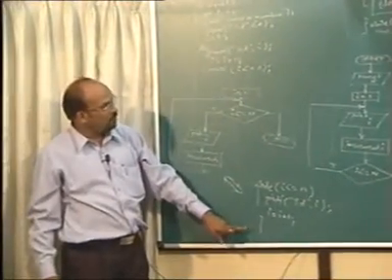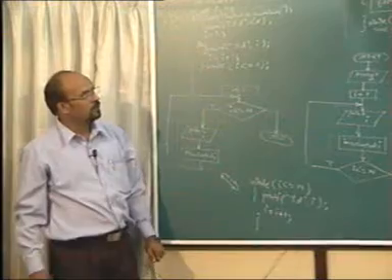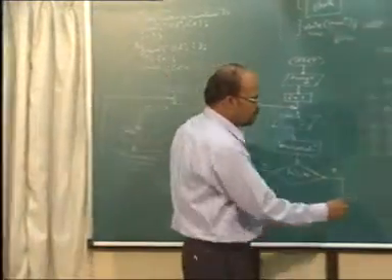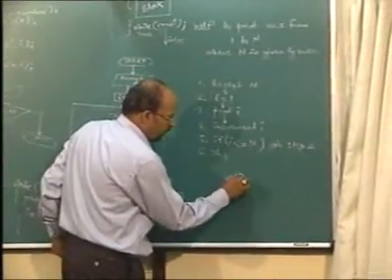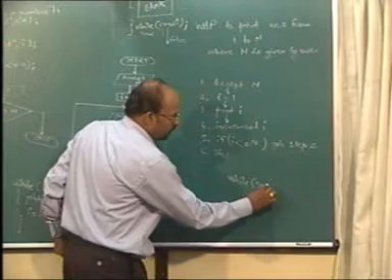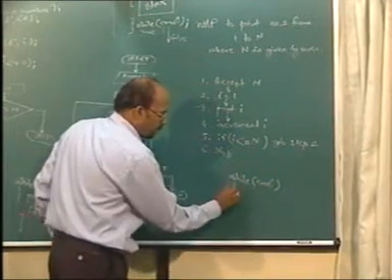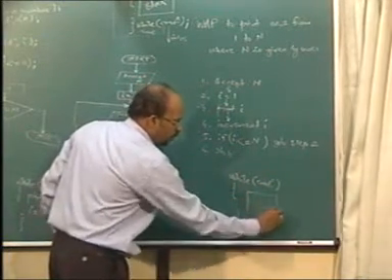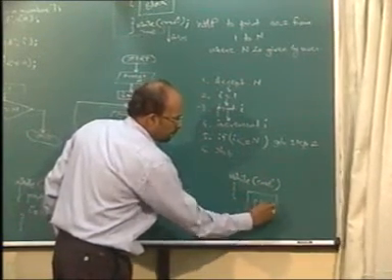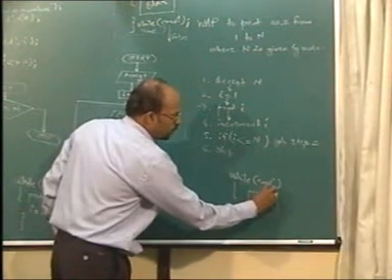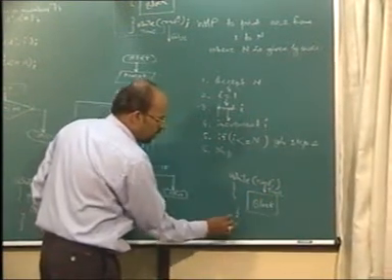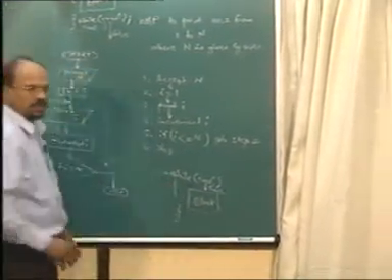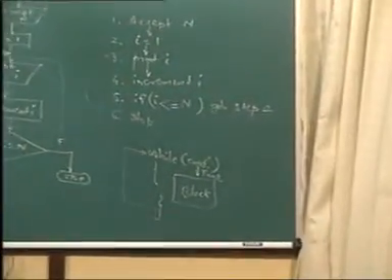What will be the syntax of while? Syntax of while is going to be while, condition, block. If condition is true, come and execute the block. From the end it will come back to check the condition on its own. You don't have to do anything.